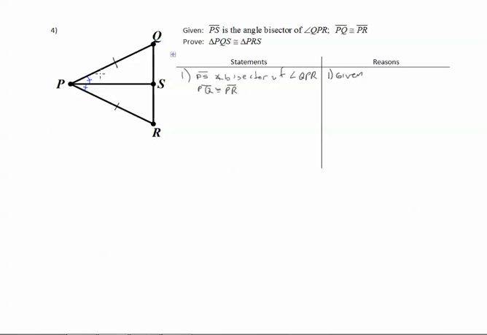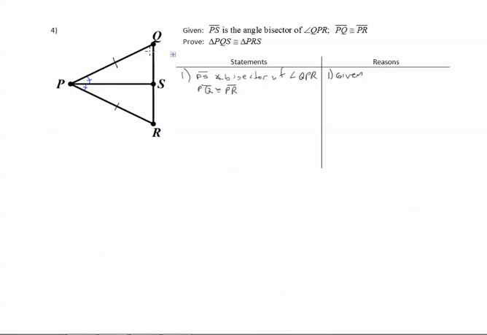So let's just look at what else we can find. What we're trying to prove is that triangle PQS is congruent to triangle PRS. We have one side already. We have an angle that we'll need to include in our proof. And what can we do to prove these two triangles congruent? Do we know anything about this angle and this angle?